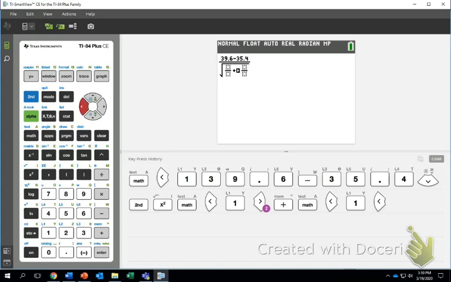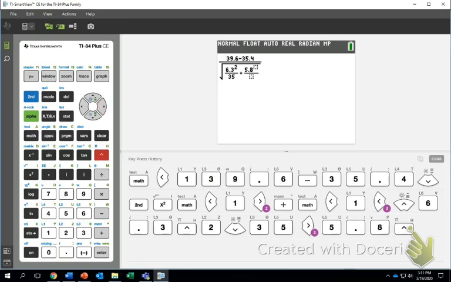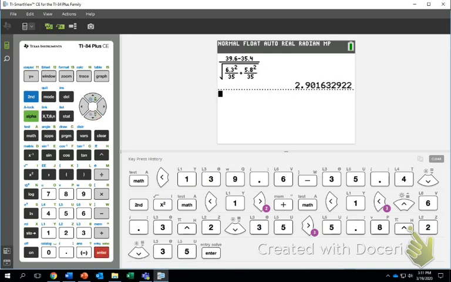All right, now that that's all set up, I can use my cursor to start plugging things in. 6.3 squared over 35, and then 5.8 squared over 35. Press enter and we get 2.90.